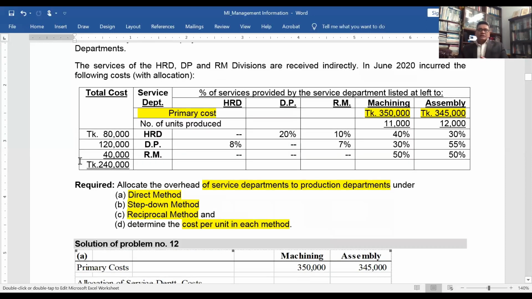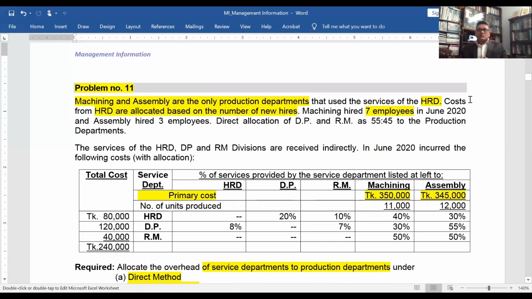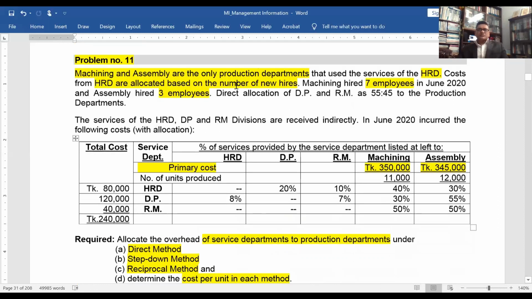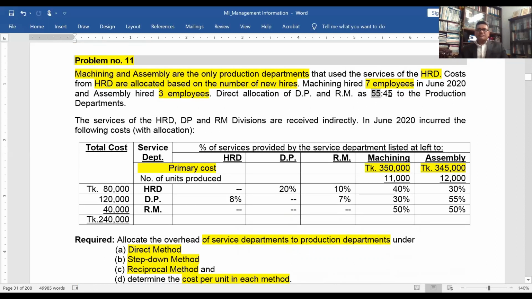HRD also has 20% for data processing and 10% for risk management department, but we ignore it here, because the HRD cost is allocated 70% and 30% to the production departments. In the same way, data processing 55-45, risk management also.